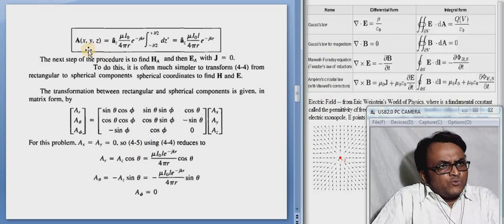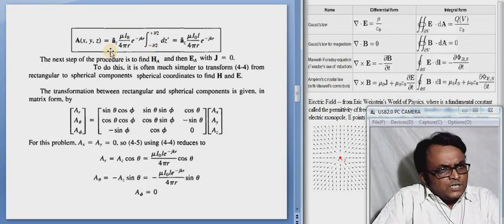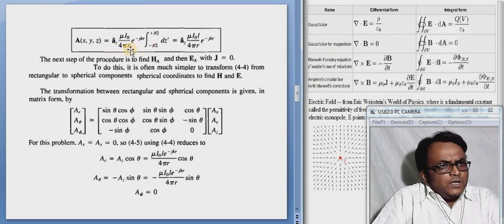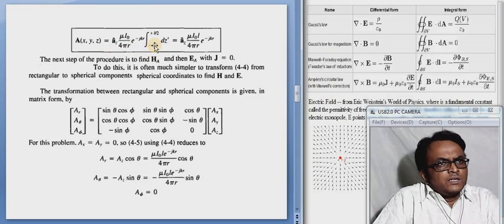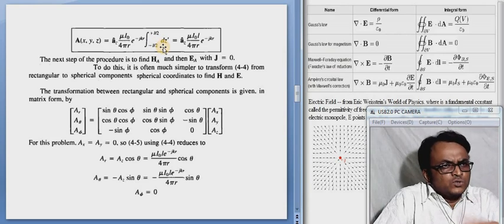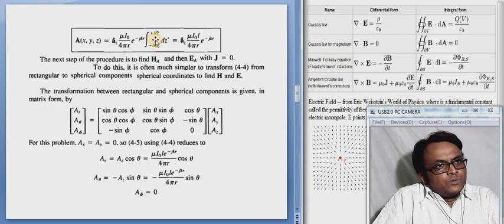The integration runs over the total length L, that is the dl we are assuming, therefore from minus L by 2 to plus L by 2 over this delta coordinate, and the total current comes out like this.